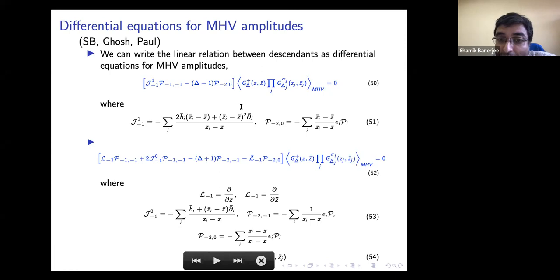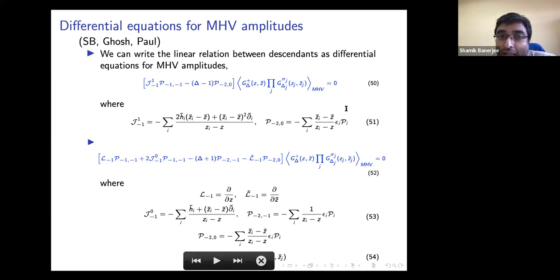There are also infrared and ultraviolet divergences in loops, so those have to be taken care of. But even at the tree level, if you want to do the bootstrap with all external legs massless, then you don't have any interesting constraints if you do it in the standard way.